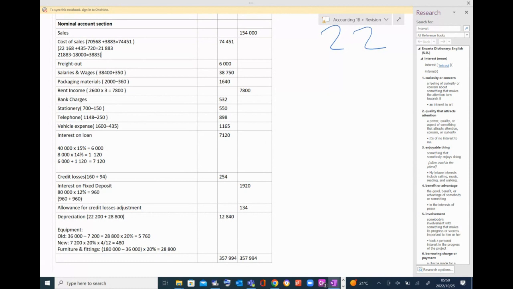A tenant has been renting a part of the building since 1 June 2021. Okay, 2,600 per month. So you say, from 1 June 2021 all the way until our year end, how much is that? Then you see, is that the same? Nothing new there as what we have in the pre-adjustment trial balance. Number 7, an amount of 250 was prepaid.